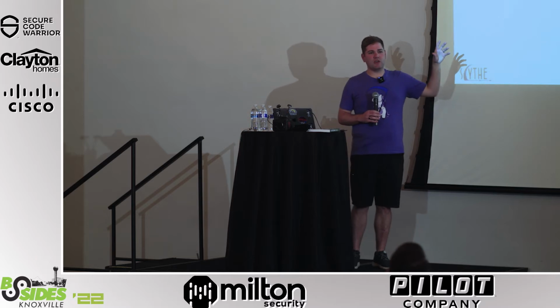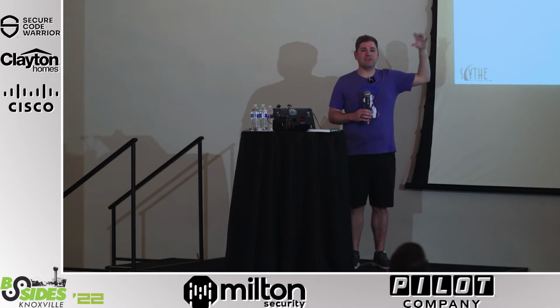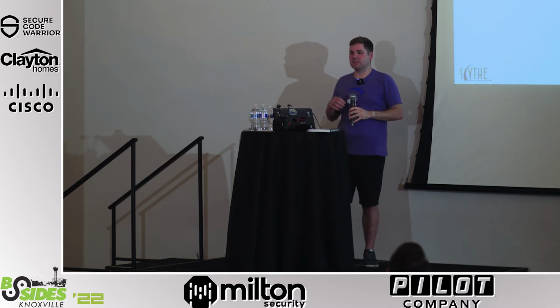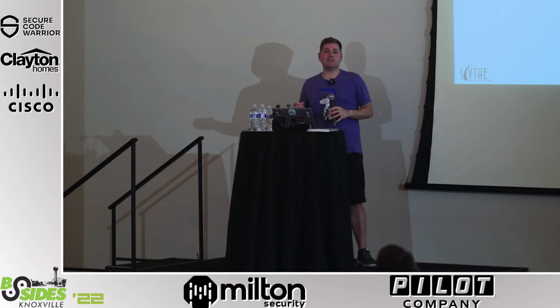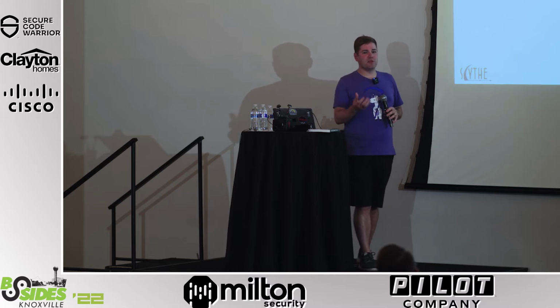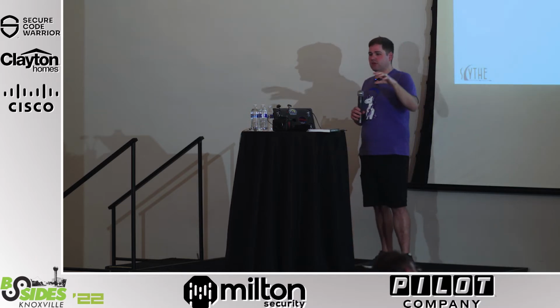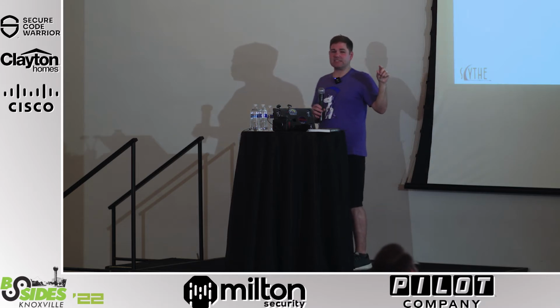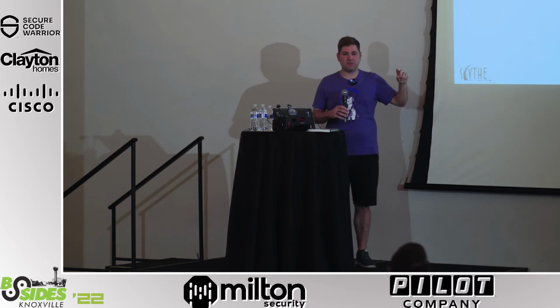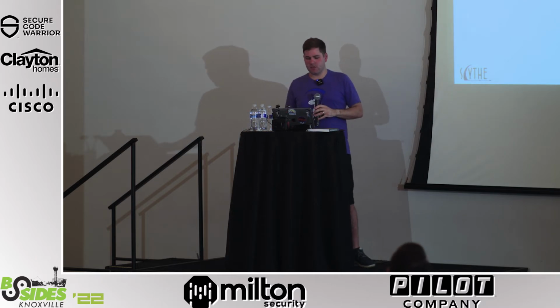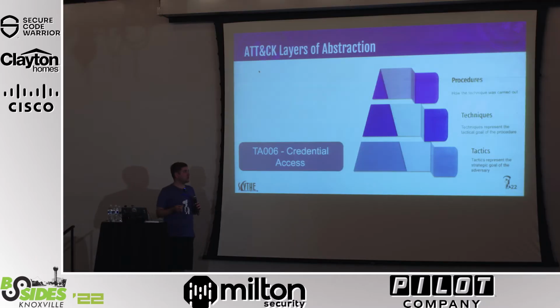Now, under each of those tactics, you have specific techniques. This is where we start to dive a little bit deeper. Techniques are the technical means by which adversaries achieve those goals. And then we have our procedures, which are the most granular. This is the exact thing that the adversary ran on a system, for instance, in order to achieve their goal. So let's start from the broadest and drill down deep.